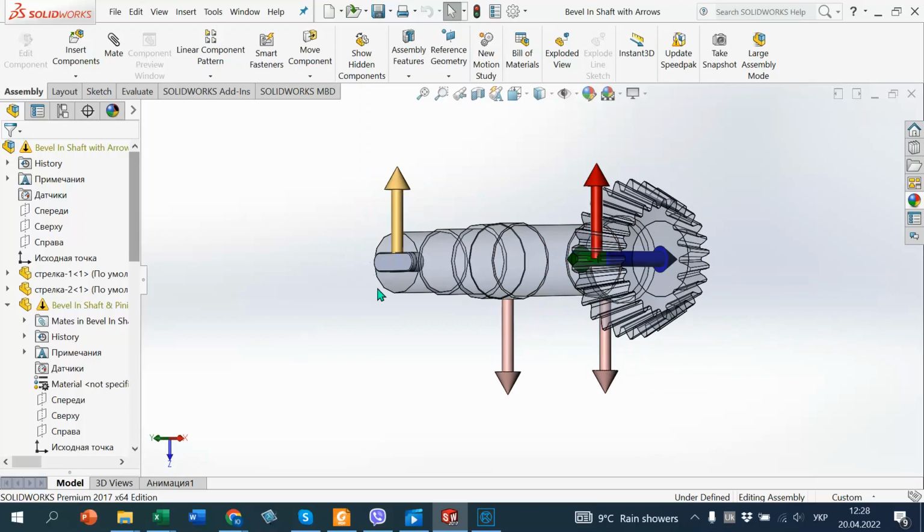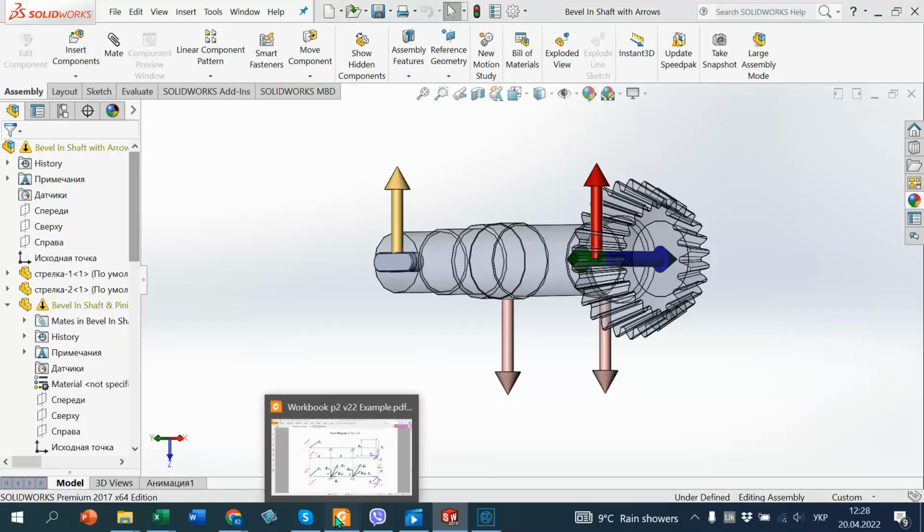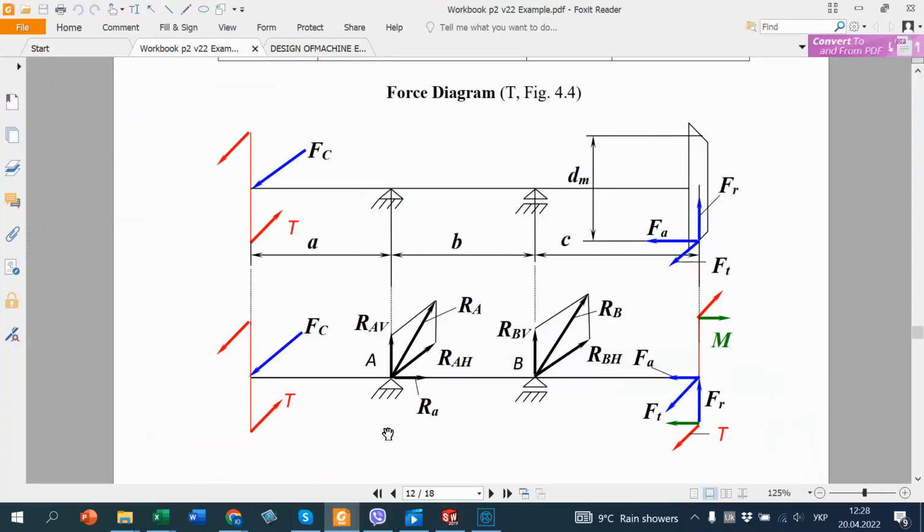So after this consideration, we come to calculation. This diagram is general, and you see here F coupling, FT tangential, FA axial, and FR radial.